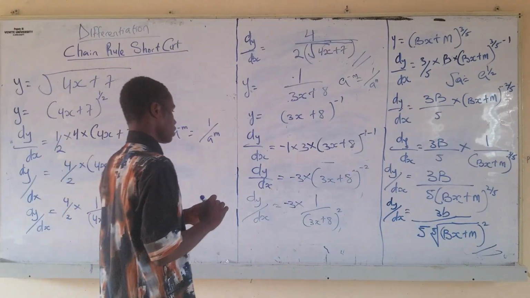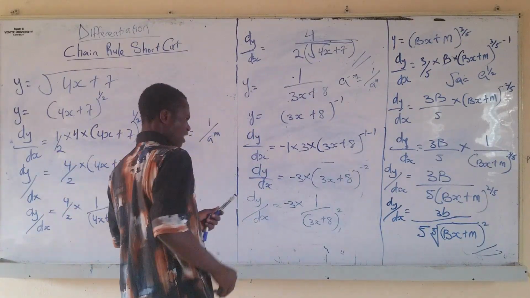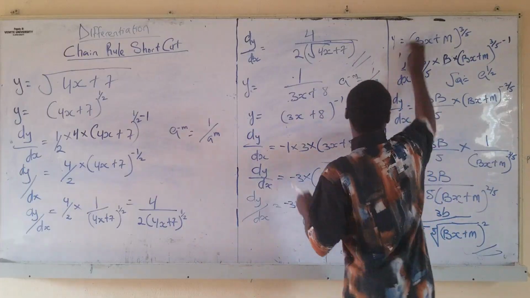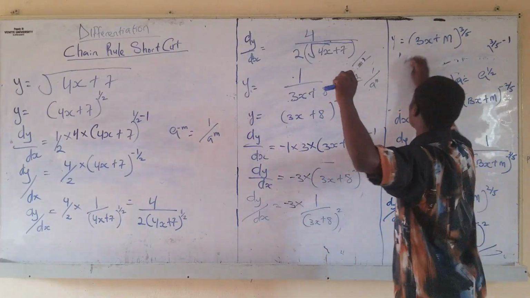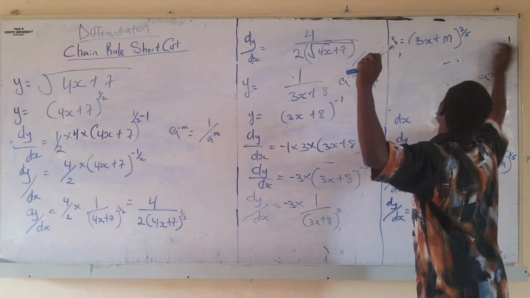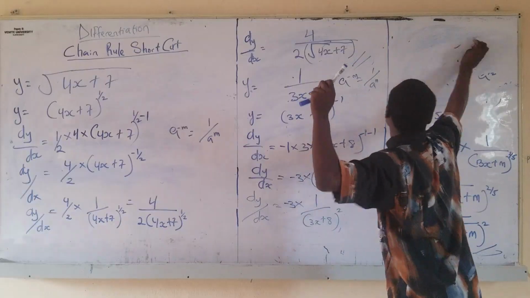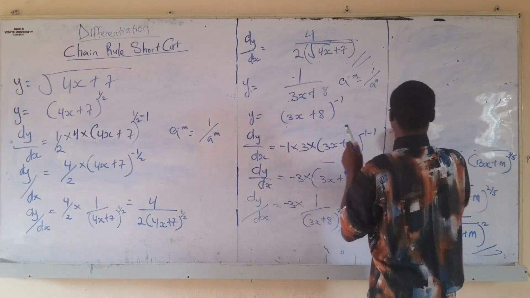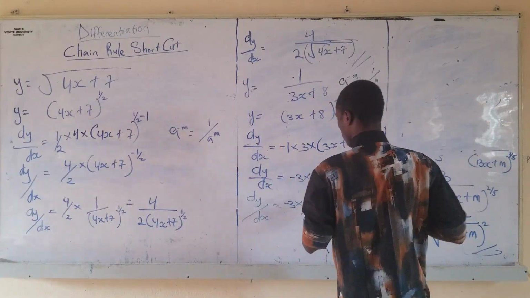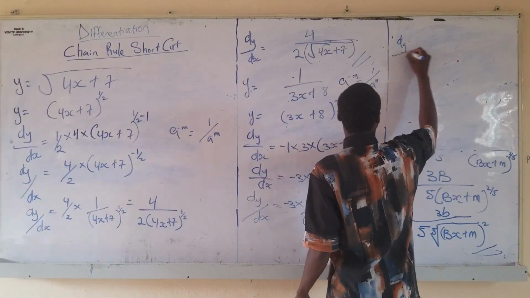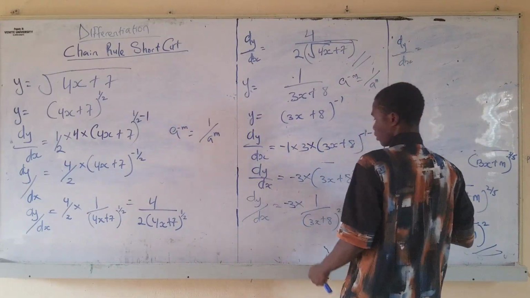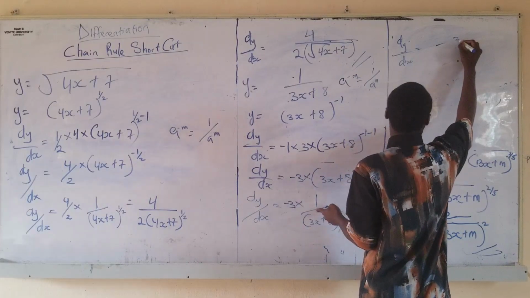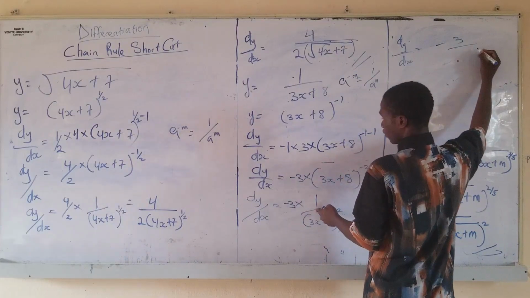The last step says multiply everything together. So dy over dx becomes 3 times minus 3 times 1, because we have minus 3 over here.